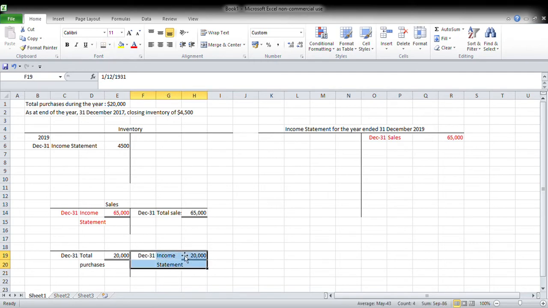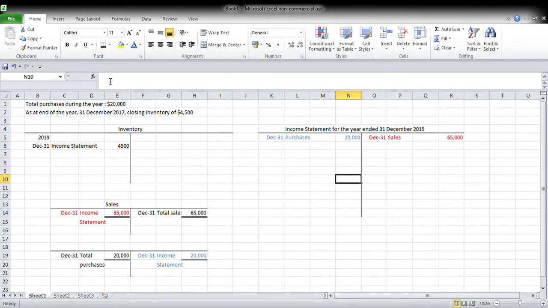So credit the purchases account and debit the income statement account. That would be my double entry. Purchases 20,000. Okay, I hope it makes sense to you so far.